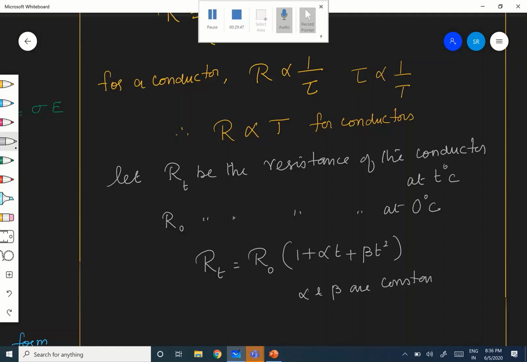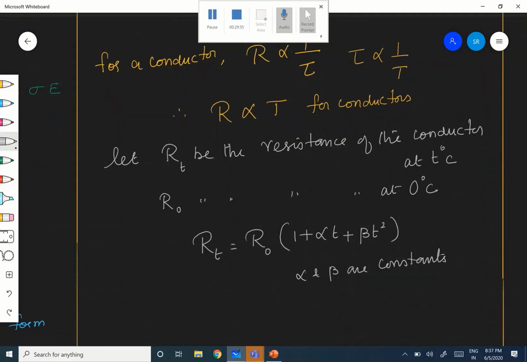Okay, and these constants differ from one metal to another metal; alpha and beta change, it varies.